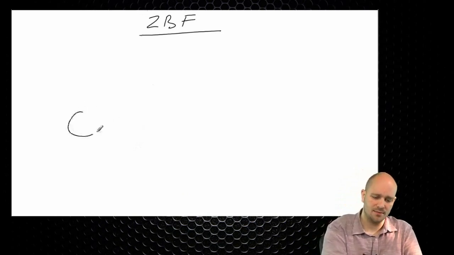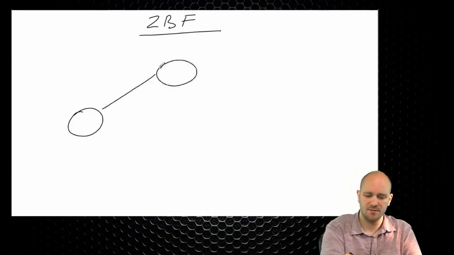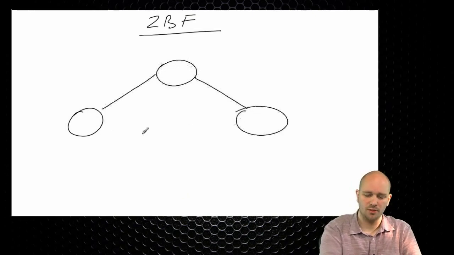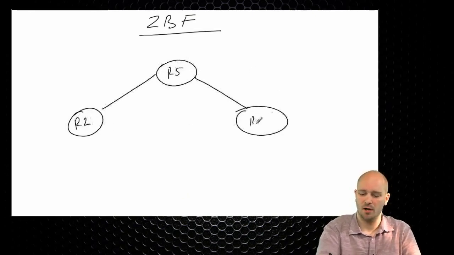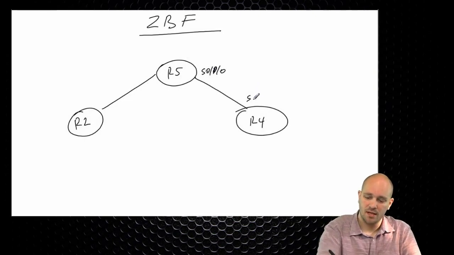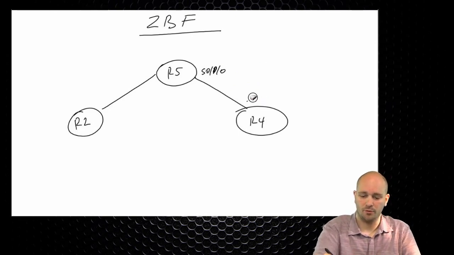I'm going to build a simple network consisting of 3 devices. So this is going to be my R2, this is going to be my R5, and this is going to be R4. Here, this is going to be serial 0/1/0. Actually, this is 0 here, apologies, serial 0/1/0 here, so I need to correct that. So this is serial 0/1/0.